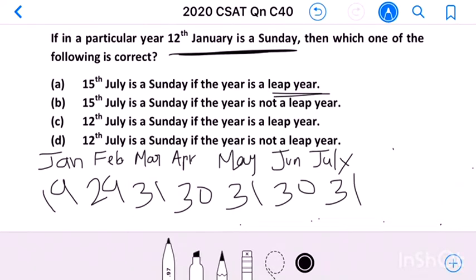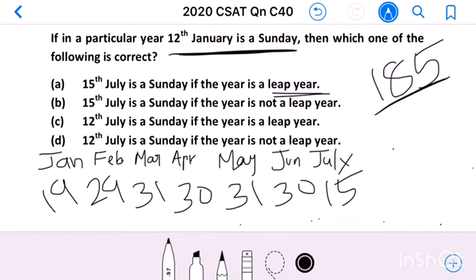Here we have to find July 15th. Summing all these, we get 185. 185 divided by 7, we get 26 weeks and 3 days.